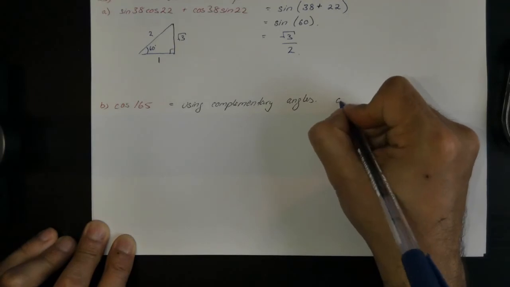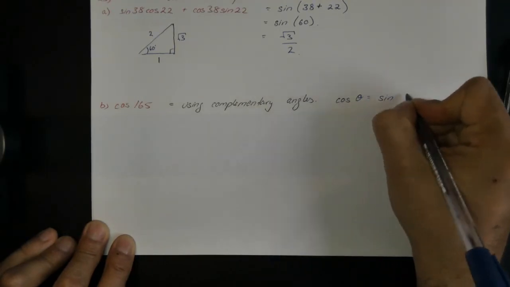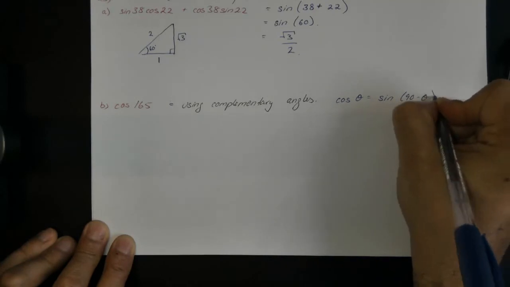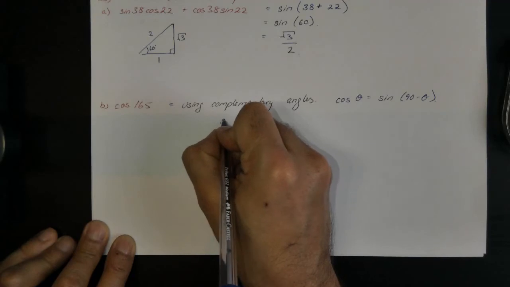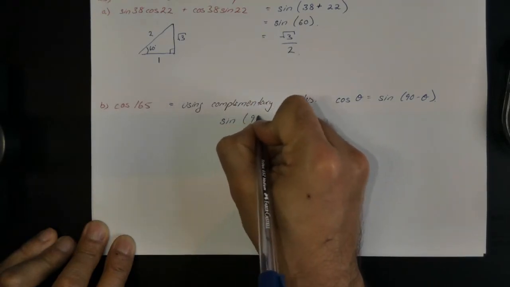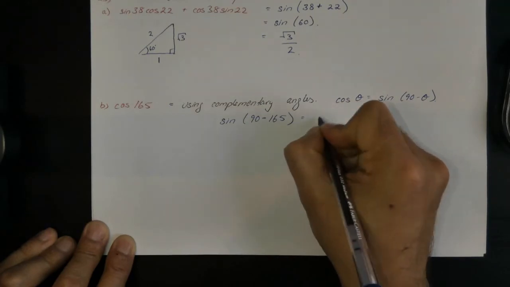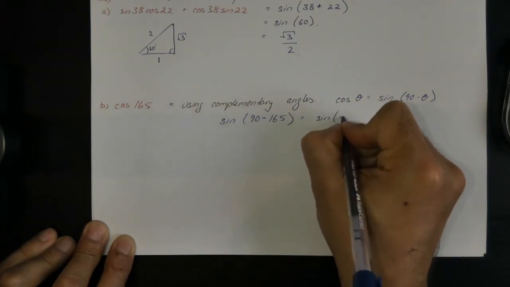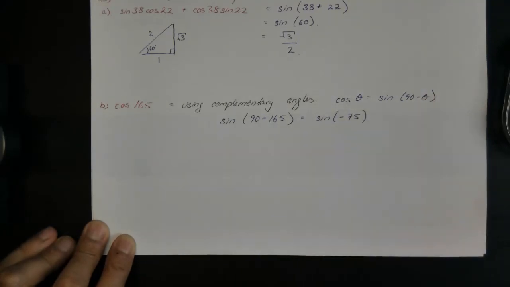So cos theta is the same as sine 90 minus theta, and in this case theta is 165. So we've got sine of 90 minus 165. That's going to give us sine of negative 75.